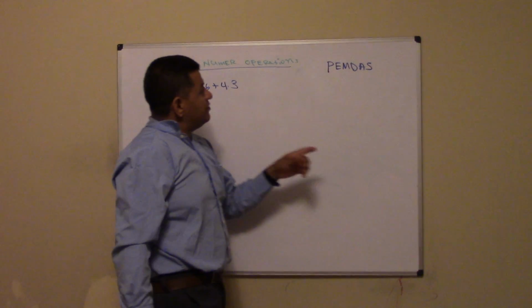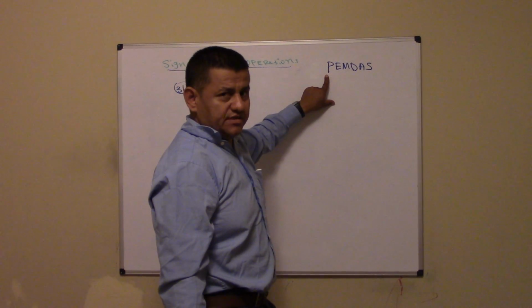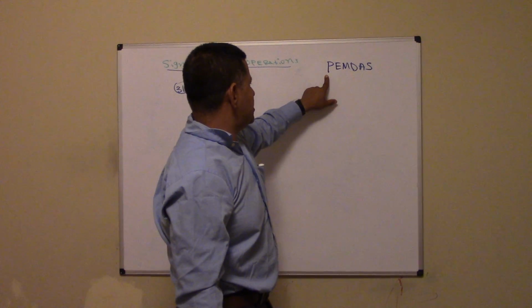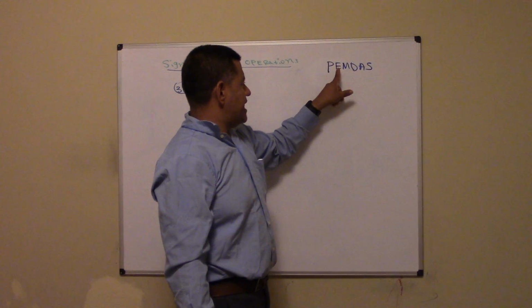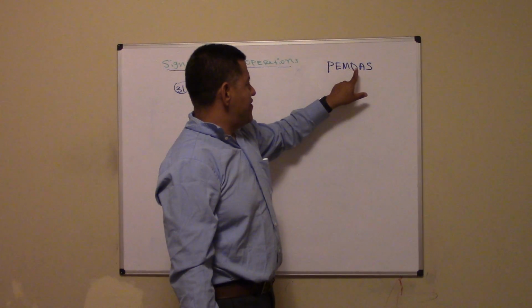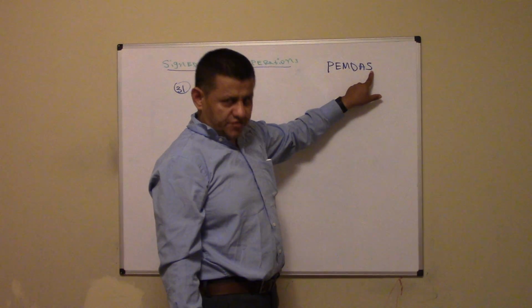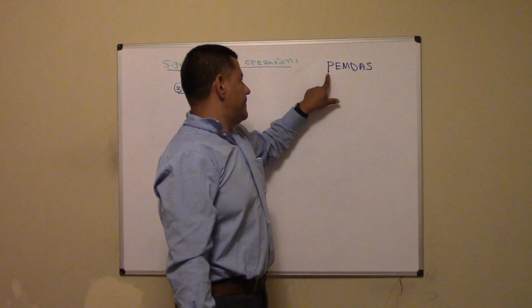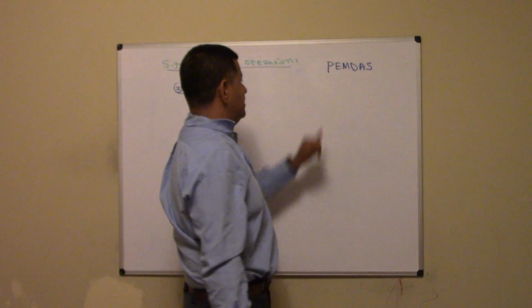I want to explain a little bit of this. This is order of operation on signed numbers, which is parenthesis, exponent, multiplication, division, addition, and subtraction. Again, parenthesis, which means that we work in parentheses first.